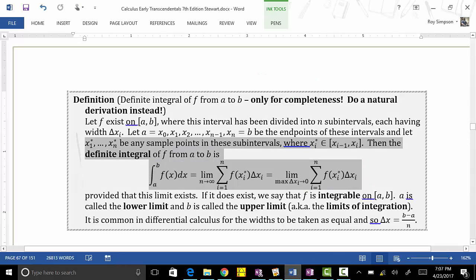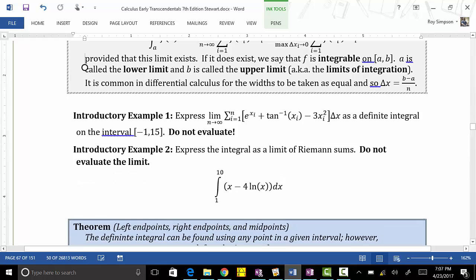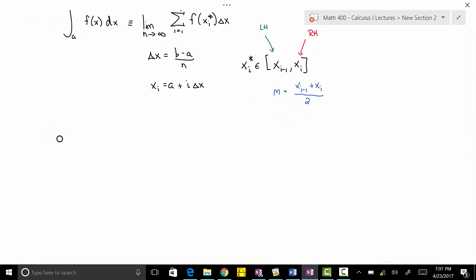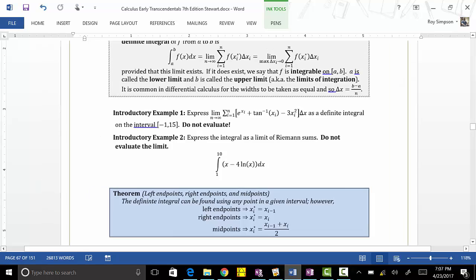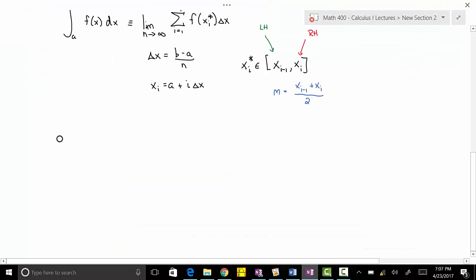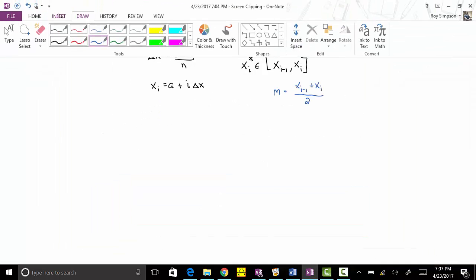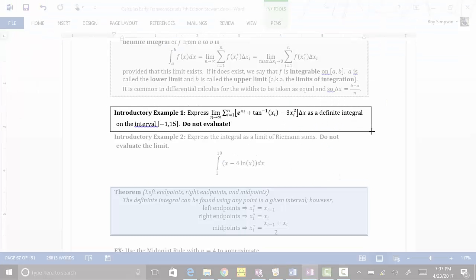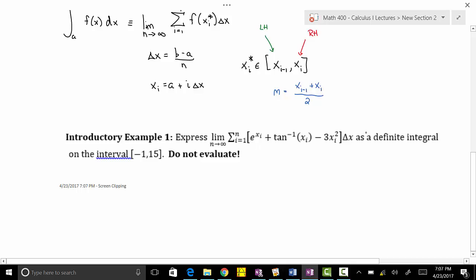So if you go through, this is just my lecture notes, and you can see introductory examples. So what I'm going to do is steal my introductory examples, and also I'm going to shrink this down because I think that was the issue when I tried to insert that screen clipping before. So I have this little note on here as well.